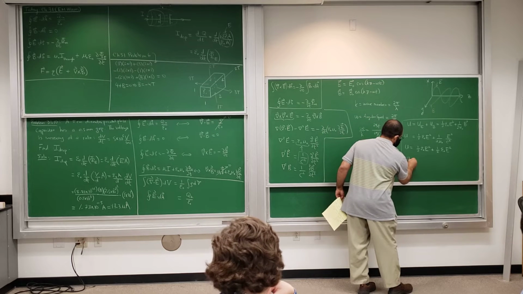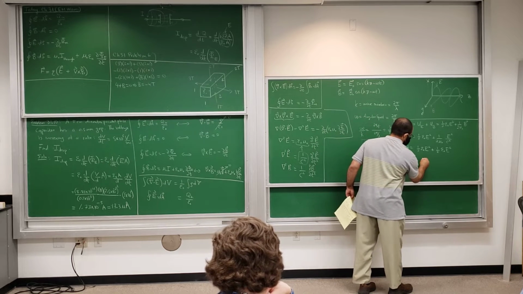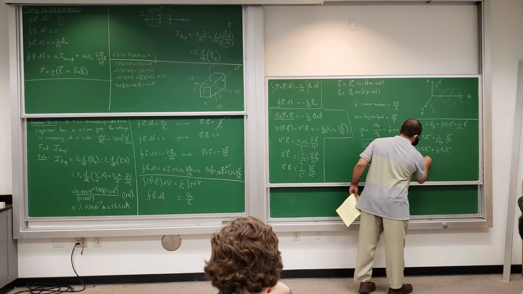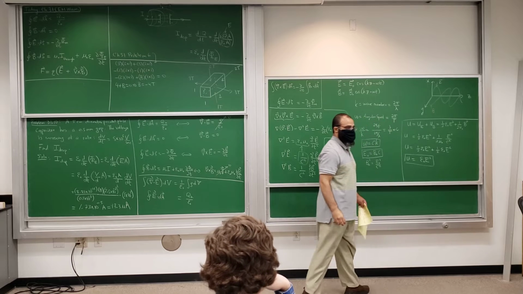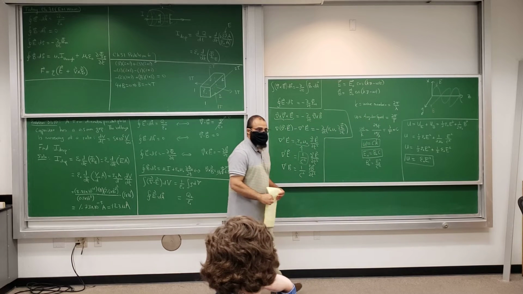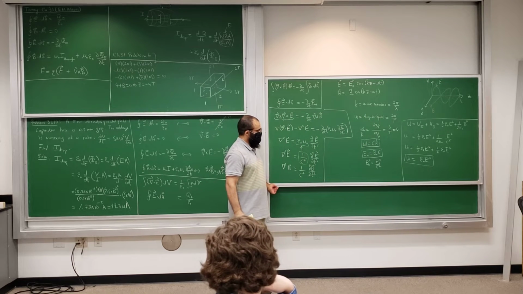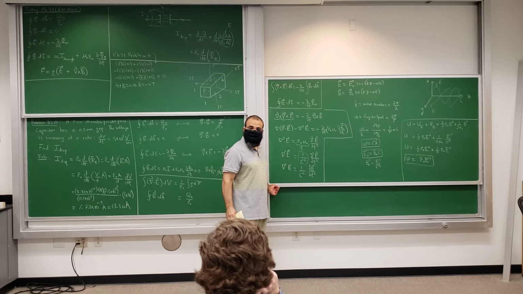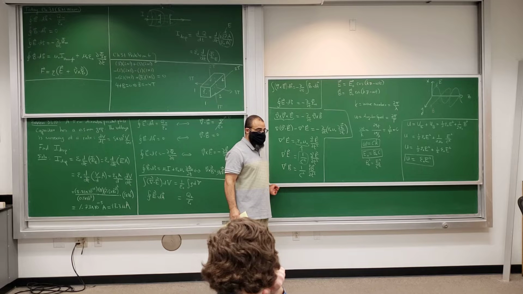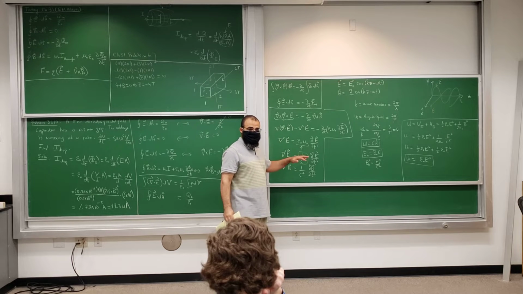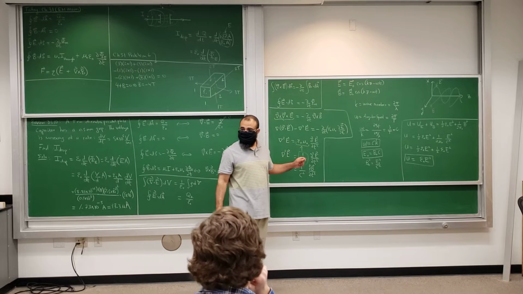And so the energy density is epsilon naught E squared. That's the energy density, energy per unit of volume, right? Now I would like to calculate the energy, and then the power, and then the intensity.